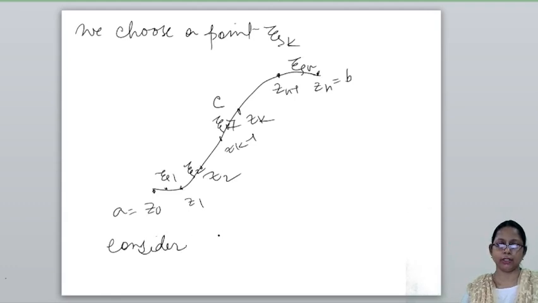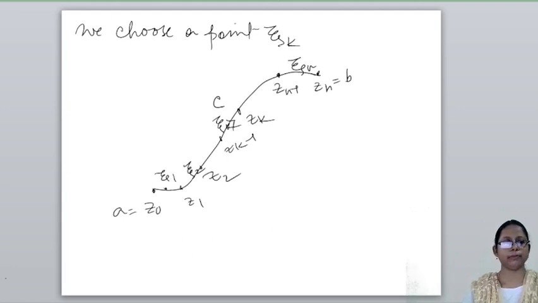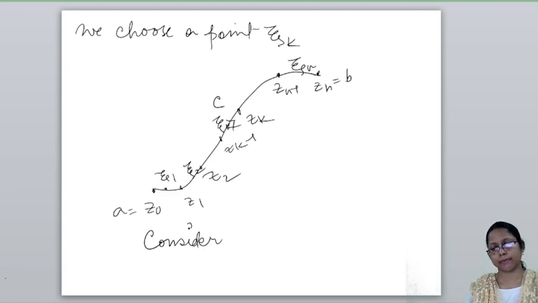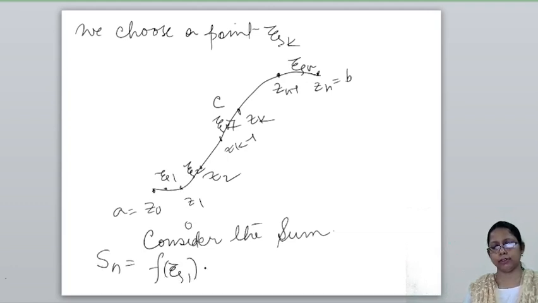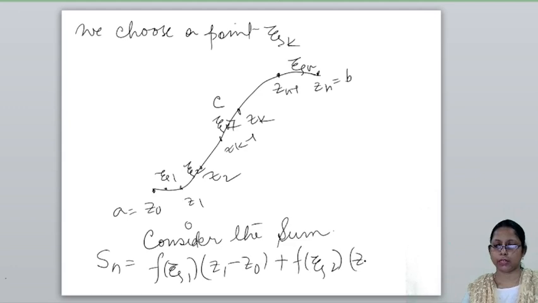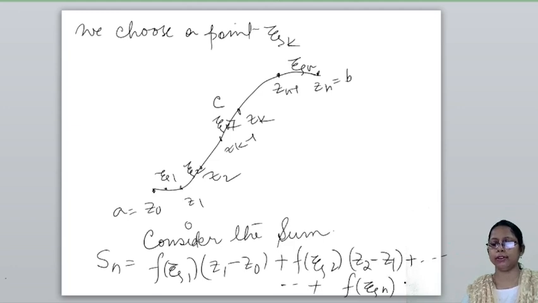Consider the sum Sn equal to f(psi 1) times the length of the interval Z1 minus Z0, plus f(psi 2) times Z2 minus Z1, plus dot dot, plus f(psi n) times Zn minus Z(n-1).